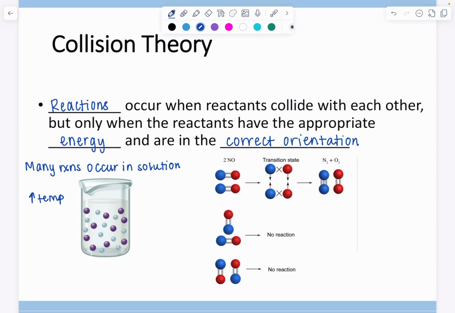They're moving around at a faster rate, so that would increase the rate of collisions. Increasing temperature increases the collisions between reactants, and that would increase the rate of the reaction as a result, because products would be formed at a faster rate.